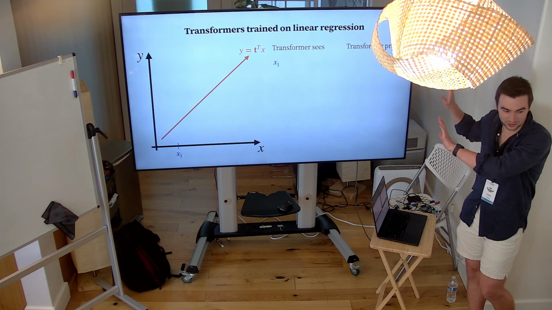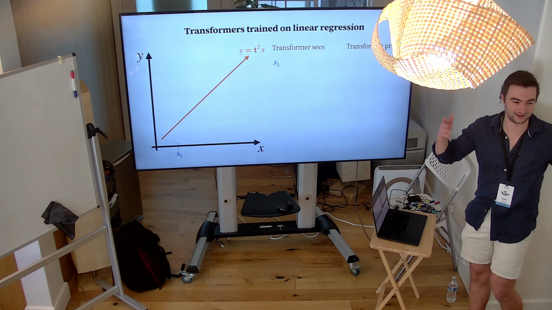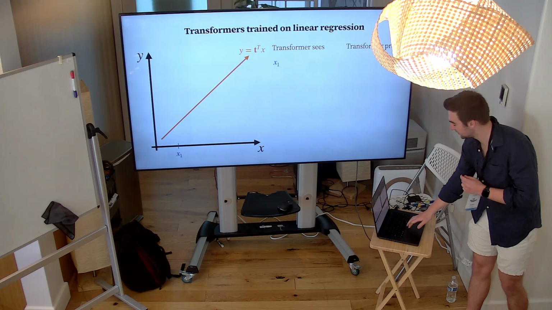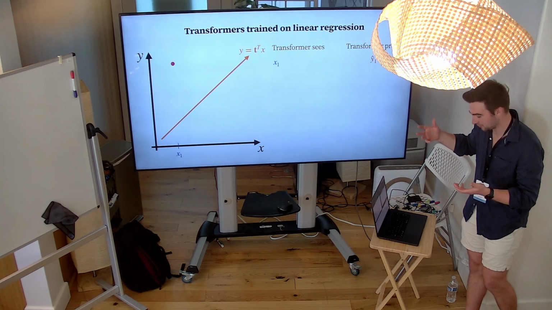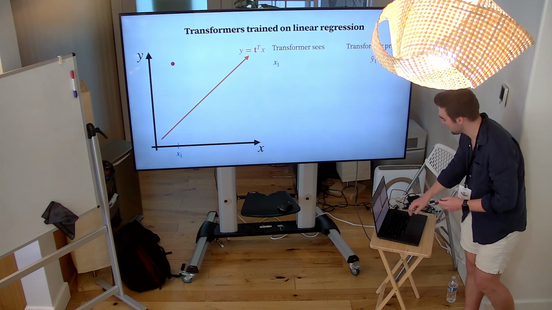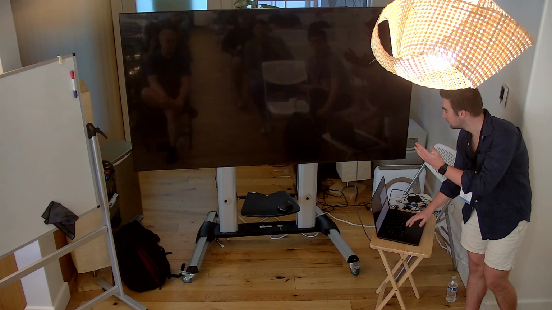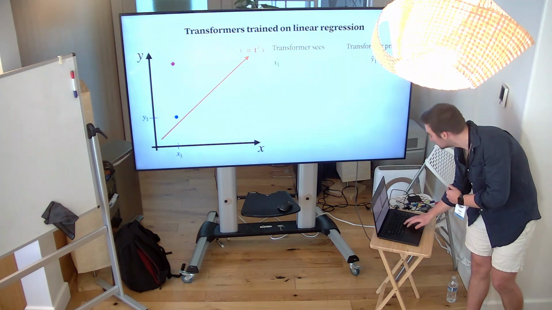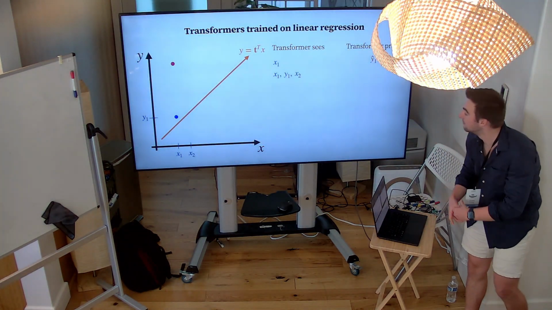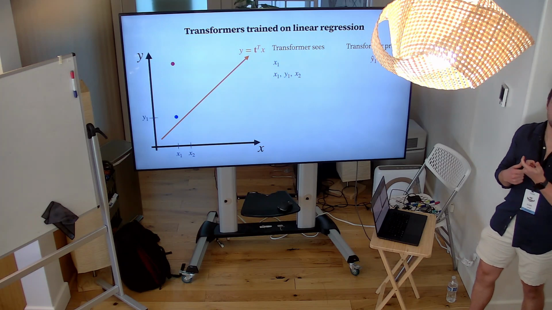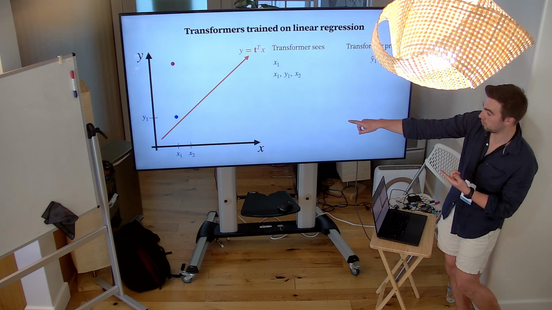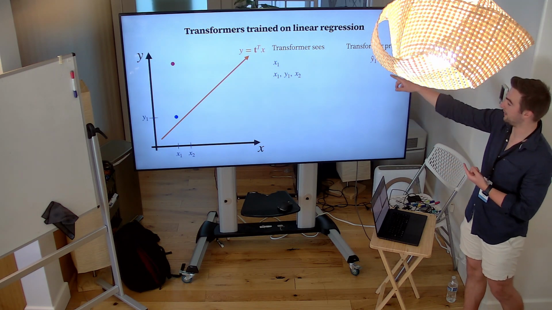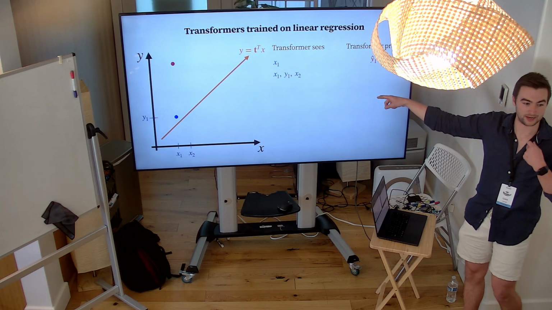But essentially you should think: x1, I don't know, I'll take a random guess. So it takes a random guess, and then of course it's going to have some loss on that, and then for the next token, we are now feeding in x1 as well as the true y1, and then asking it to predict on the next x2.